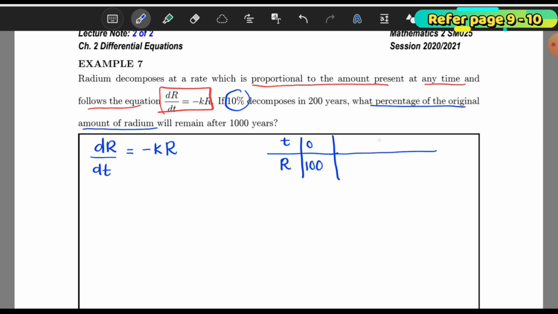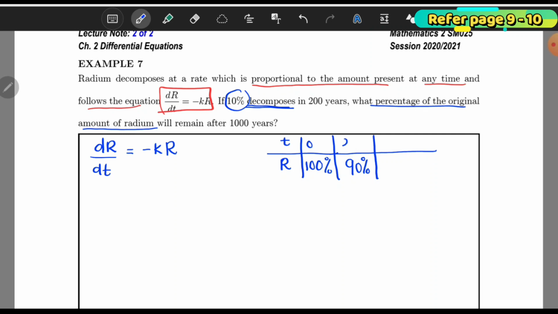Next, 10% decomposes in 200 years. Decomposes here means it disappears. So what is the remaining percentage? It will be 90%. At first we have 100%.